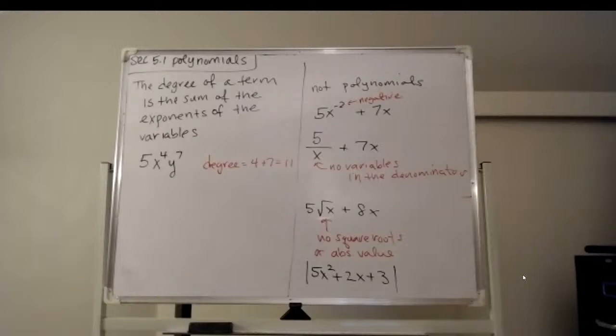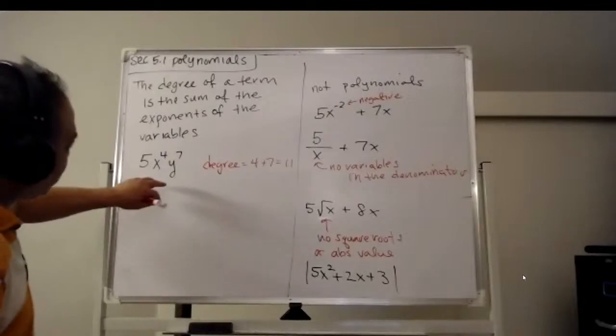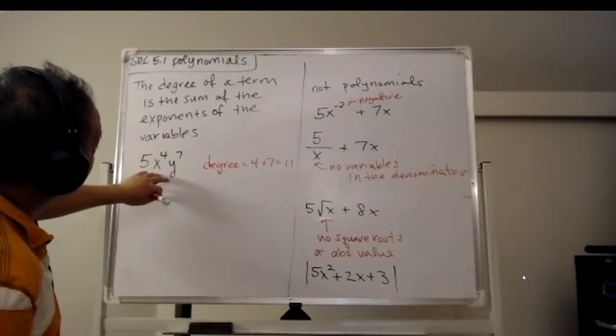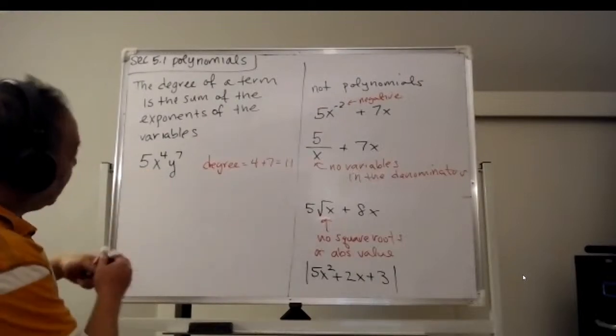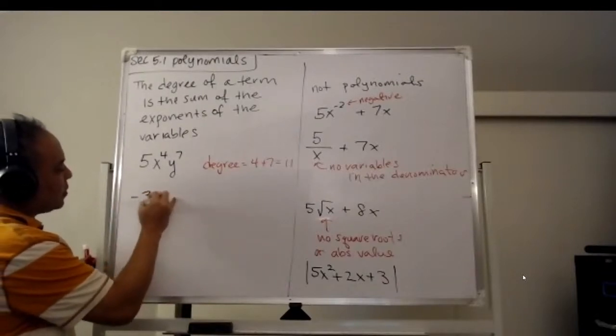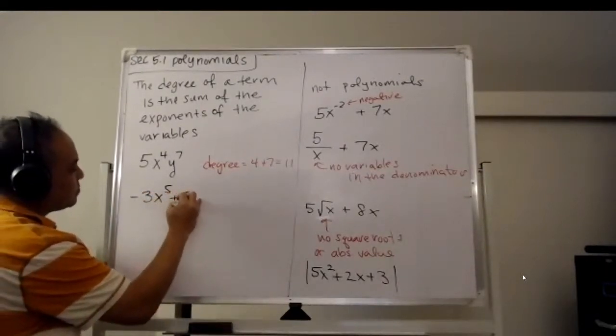Professor, so for degree, the variables that you're adding the exponents from don't have to be the same when you're finding the degree, right? Yeah. We would use this in Calc 3. Normally what we're going to do in this class is we're just going to use one variable.